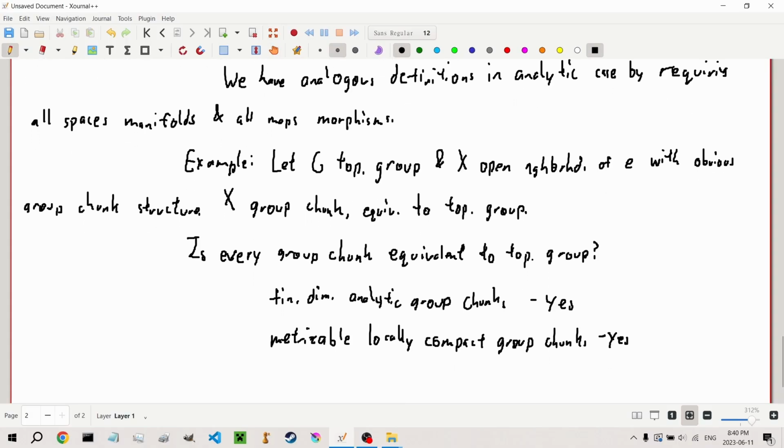For analytic group chunks modeled on Banach spaces? The answer is no. So it depends on what conditions you have, whether or not you can assume a group chunk is equivalent to a topological group.